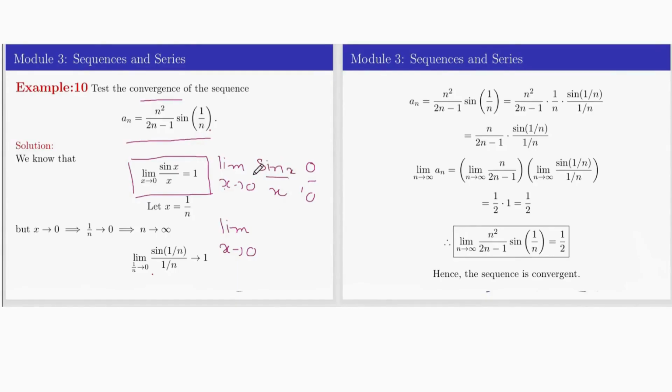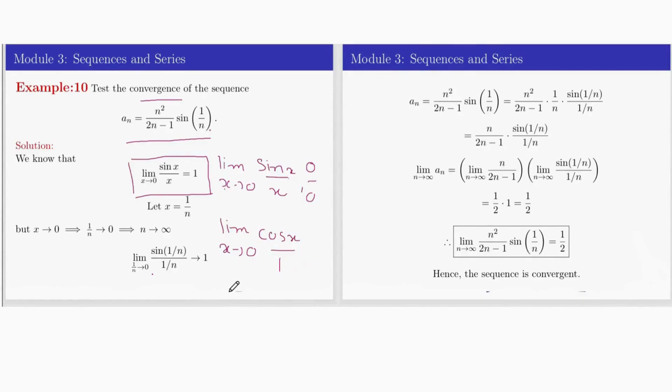So first find the derivative of the sin x function. What is the derivative of sin x? Cos x. Now what is the derivative of x with respect to x? 1. Now after differentiating numerator and denominator separately, again apply the limit. So put x equal to 0. What is cos 0?